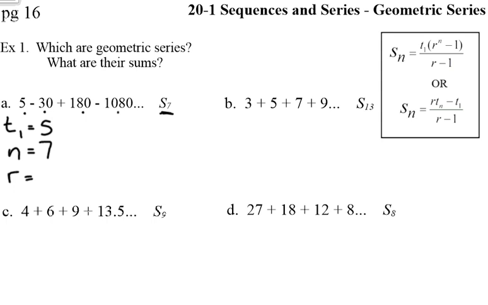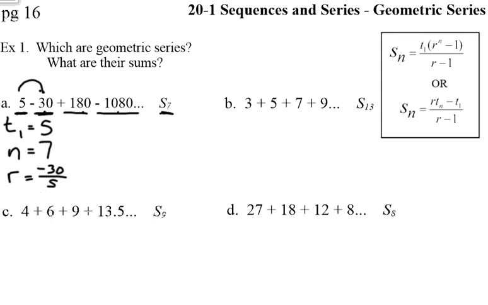What's the other piece of information that we can get from this? Well, I can figure out the R value. First term is 5. Second term is negative 30. Third term is 180. Fourth term is negative 1080. So I want to make sure I have a geometric series, so I have to check a little bit. First things first, R value. Well, I can take negative 30, divide by 5.